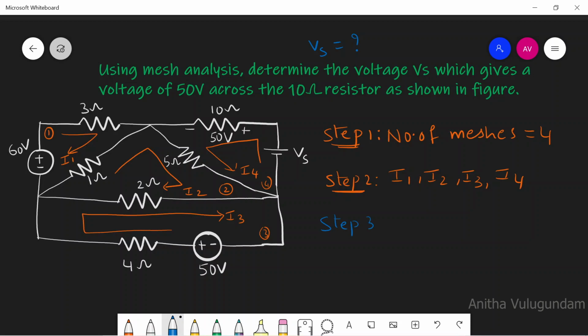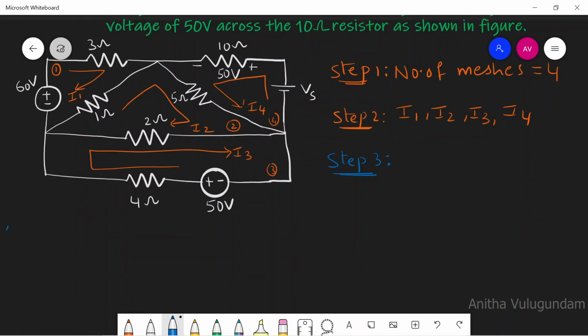Step 3 is to write the KVL equation for each and every mesh. Applying KVL to mesh 1. Let us start with 60 volts and then we'll write the voltage drop across 3 ohms, then 1 ohm.